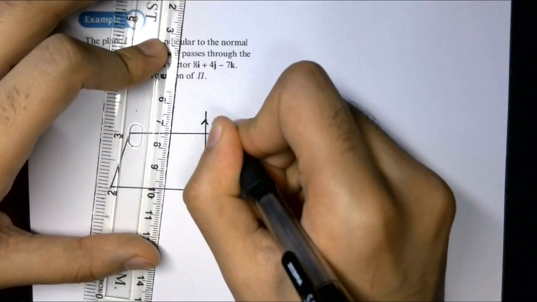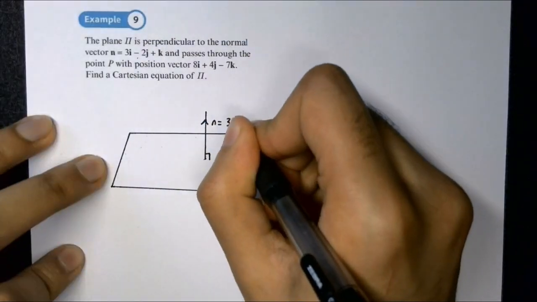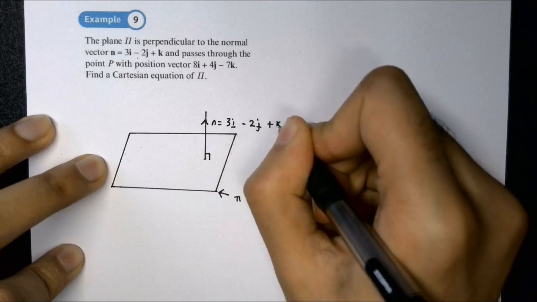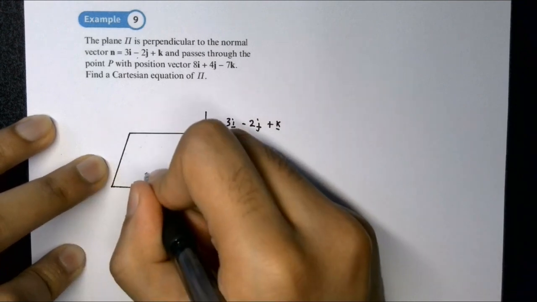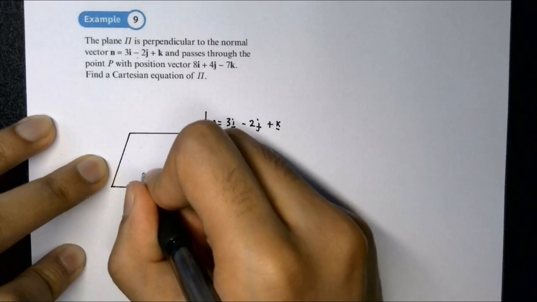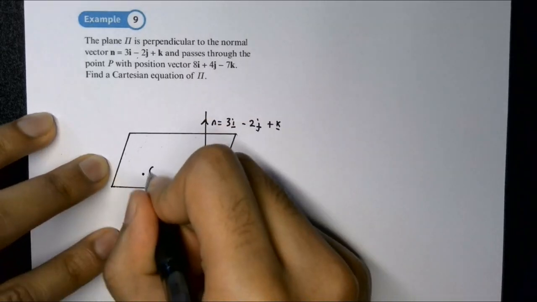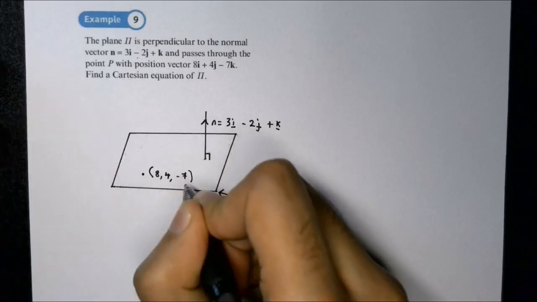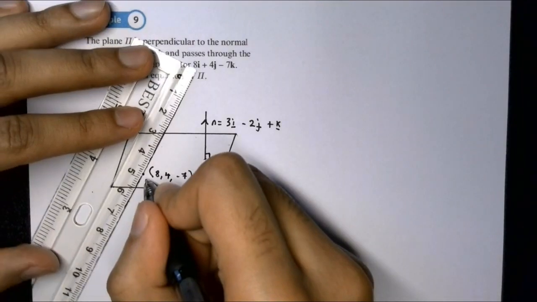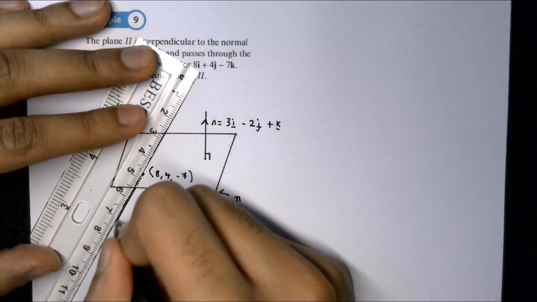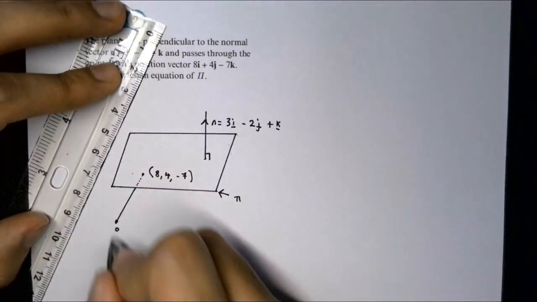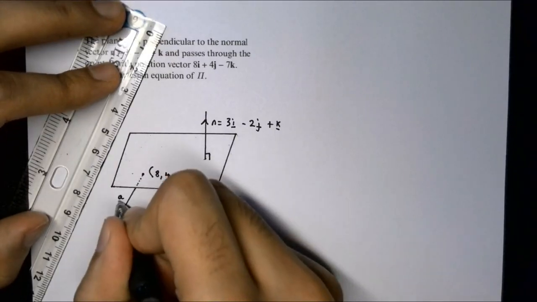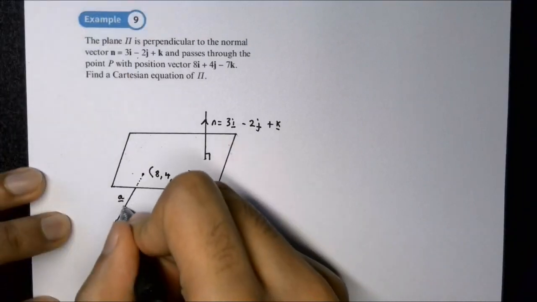The normal vector n is equal to 3i minus 2j plus k, and we've got this point P over here with coordinates 8, 4, minus 7. So let's just show this general point over here, and if we've got the origin over here, connecting this to this is this vector, which we'll call a.